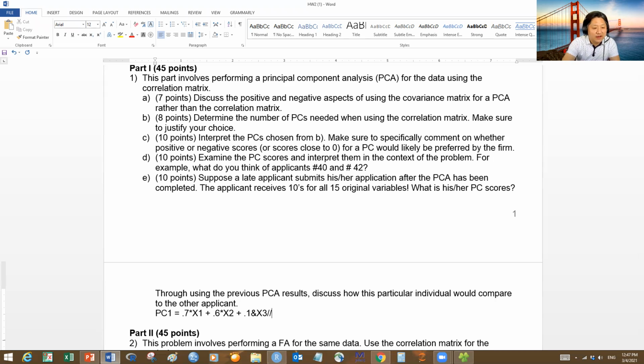And that way you can have multiple equations, right? And then it says, okay, he has perfect scores, 10. So you can plug 10 in here.